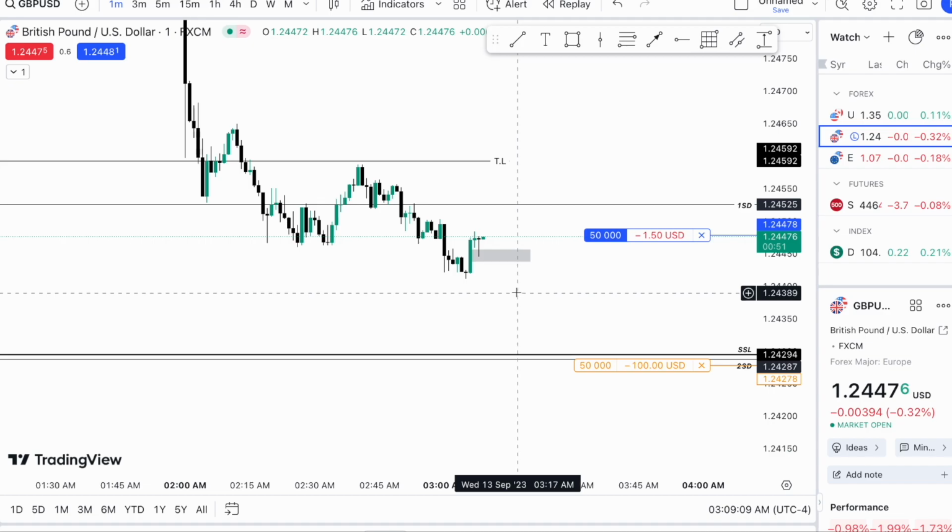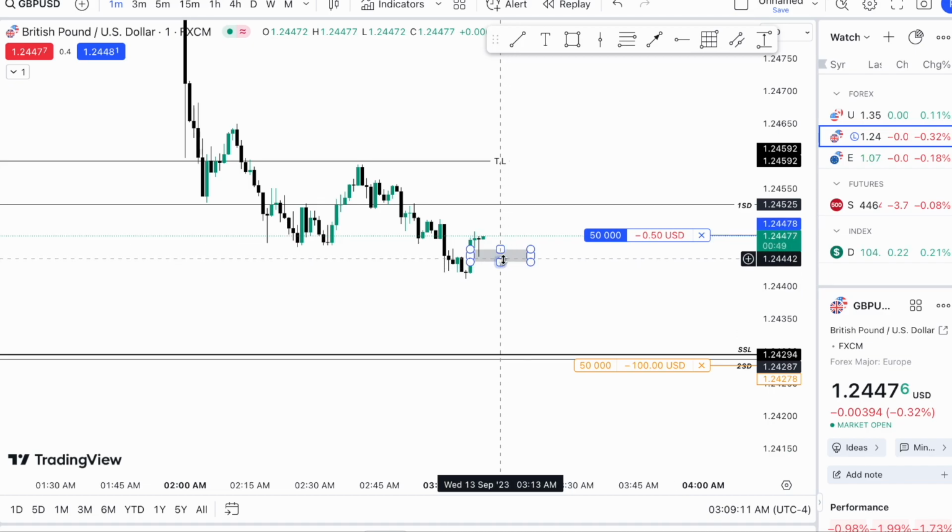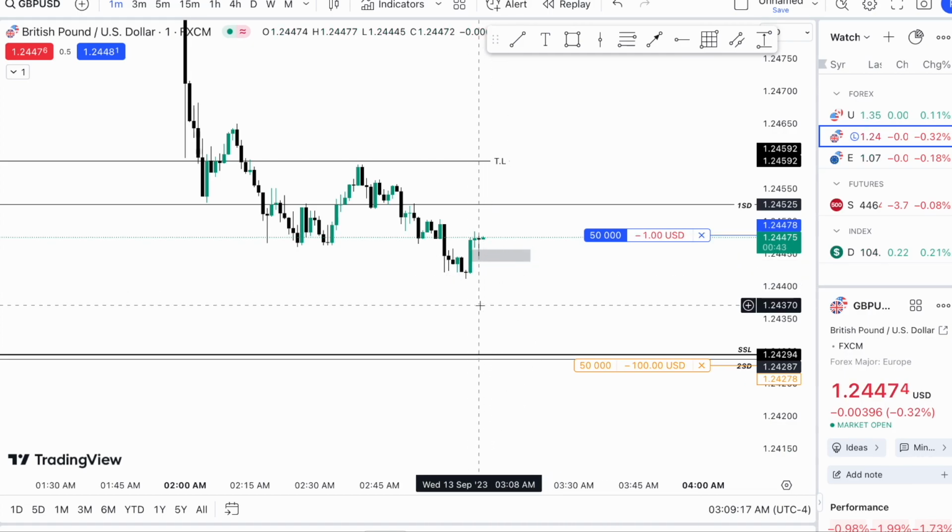Ideally, entry would have been at the entrance of this fair value gap, but again, I was explaining what I was looking at. Risking just 100, because again we have CPI news this evening, at 8:30, and typically I don't trade before CPI.